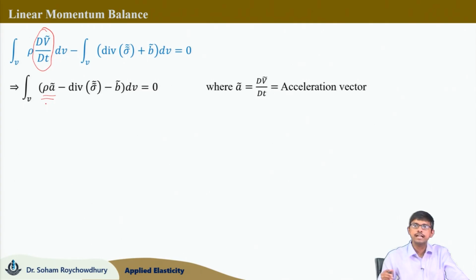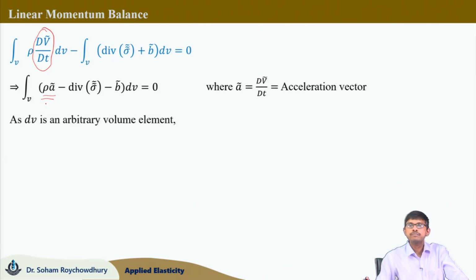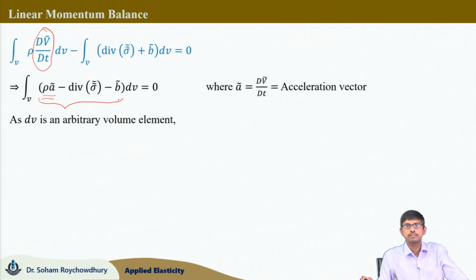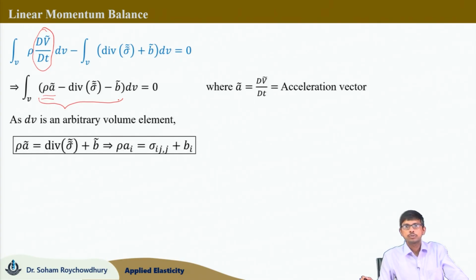Now, as this elementary volume dV is quite arbitrary, to have this integral be 0 always, we must have the total integrand rho a minus divergence of sigma minus b be 0, which implies rho a equals divergence of sigma plus b. In index notation, rho a i equals sigma i j comma j plus b i.